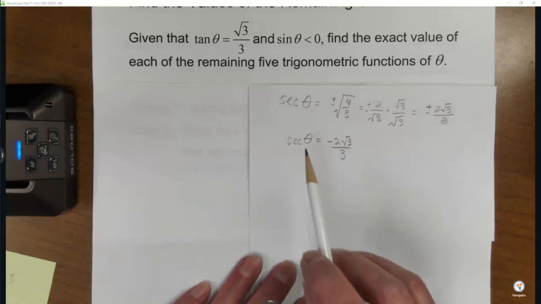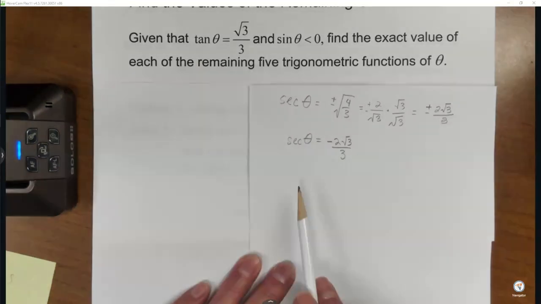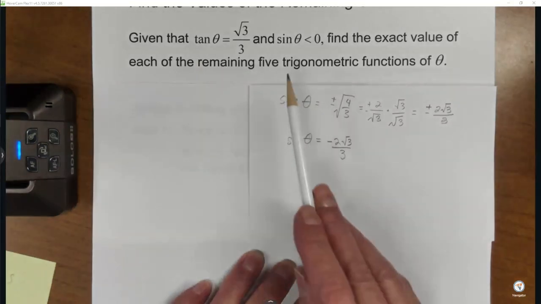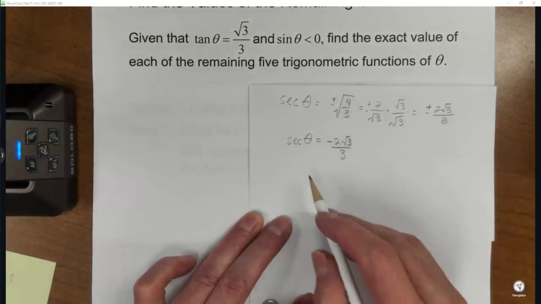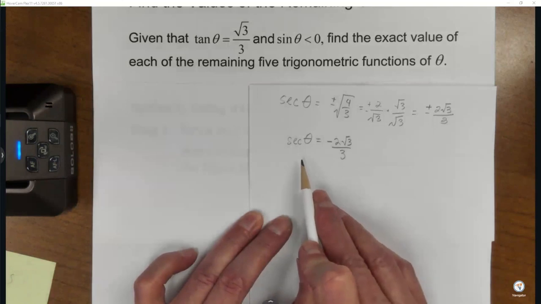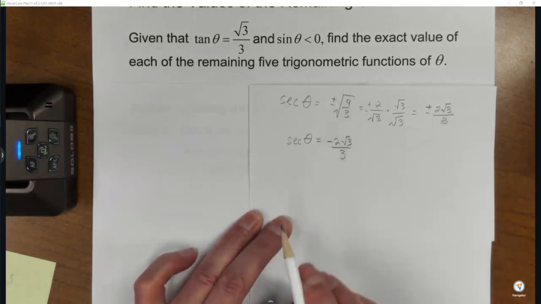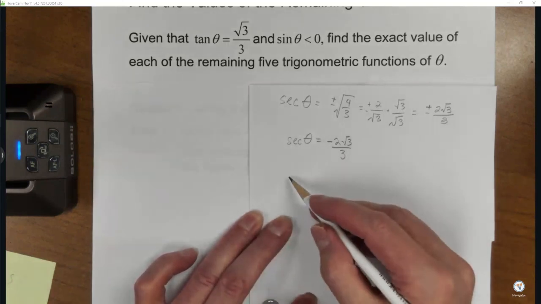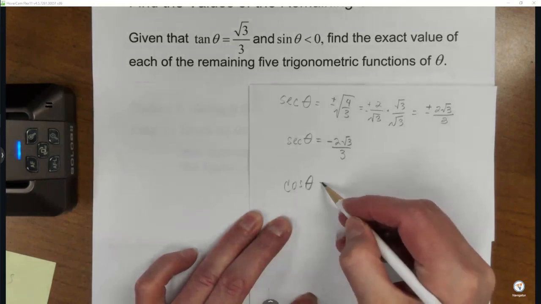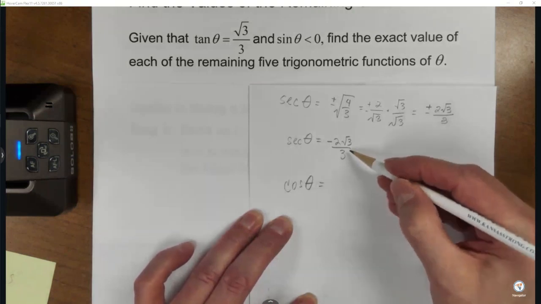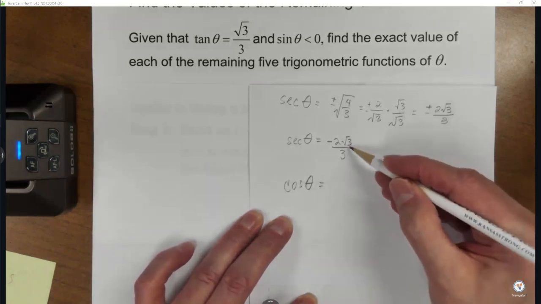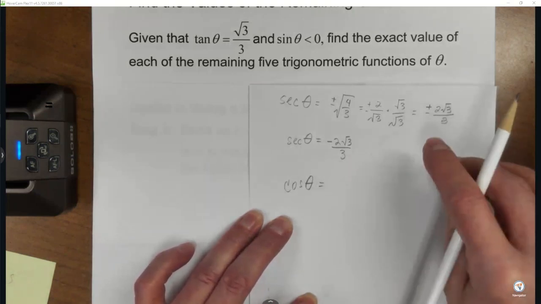Okay, so now that we've got both the tangent that was given to us and we found the secant from this information we have, we want to go ahead and find the rest of these. Now there's a relationship between the secant and the cosine. They're inversely related, so the cosine of theta is going to be the inverse of the secant of theta. So I could flip this down here, but then I'd end up with a radical in the denominator again.